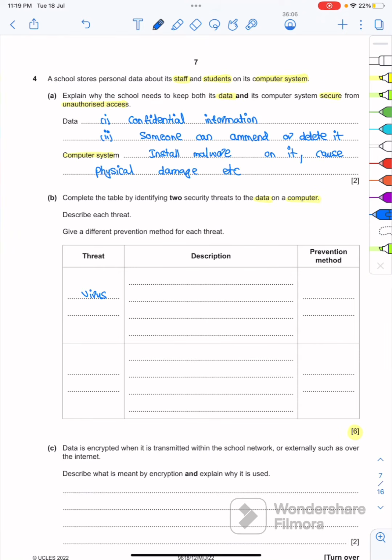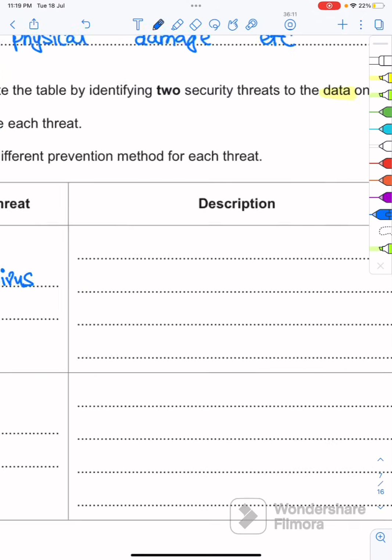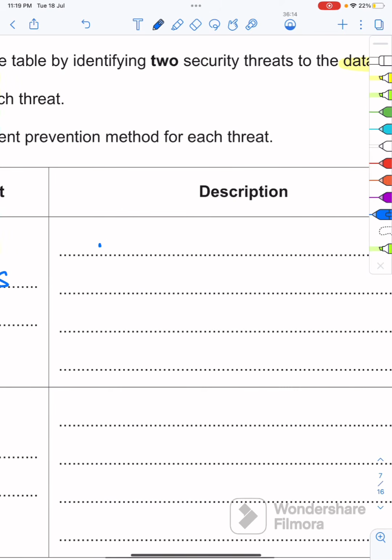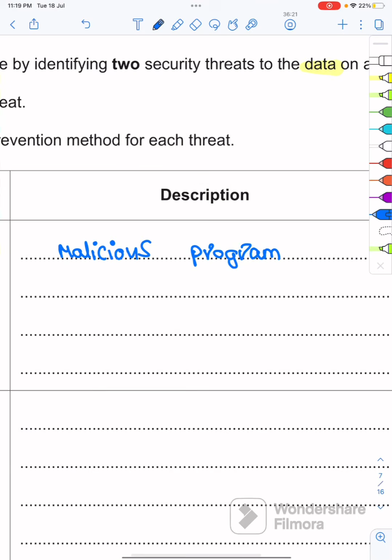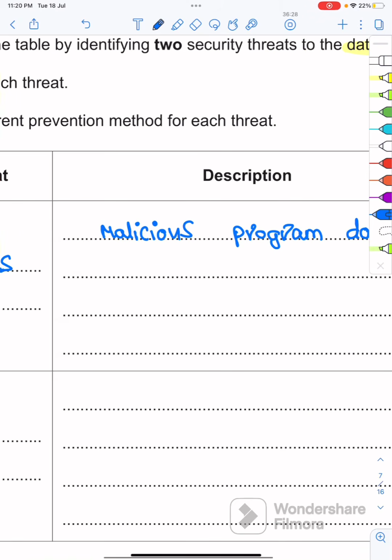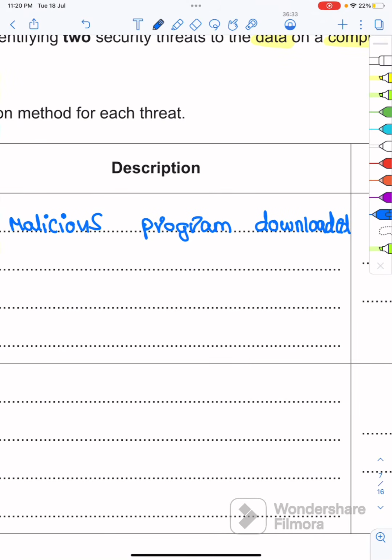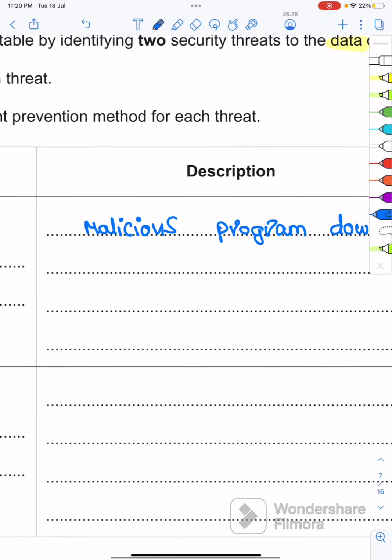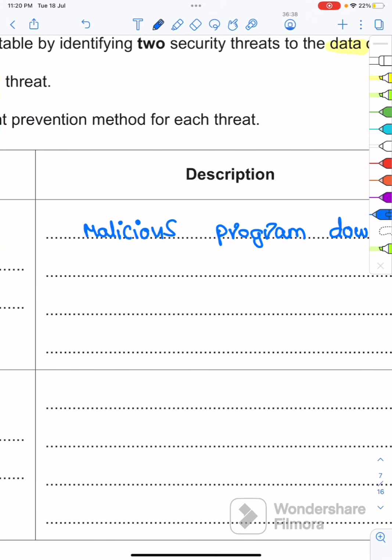A virus could be installed on the computer, and you have to describe a virus now. So a virus is a malicious computer program downloaded from the internet. It can be downloaded from the internet, it can be from a corrupt USB or an external device, downloaded onto the computer.